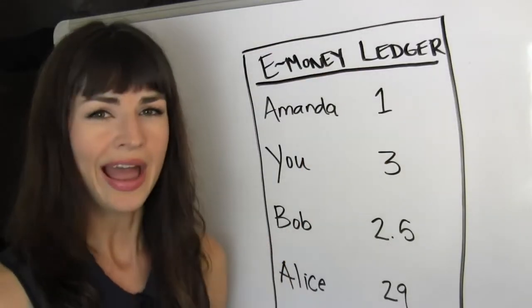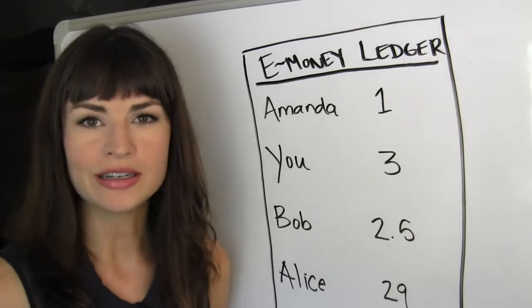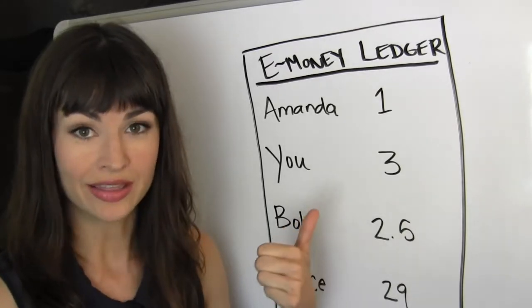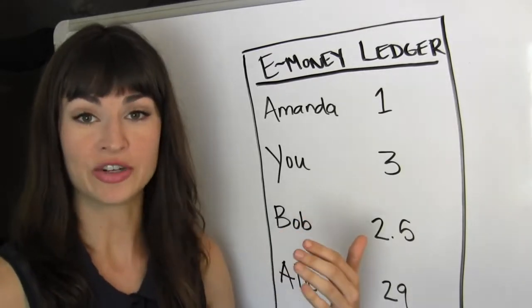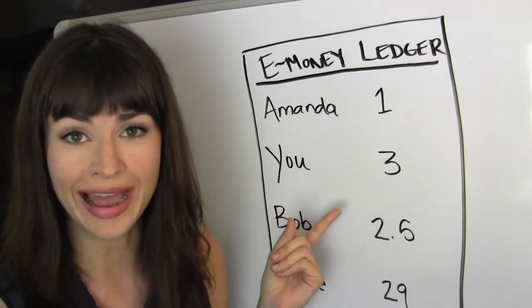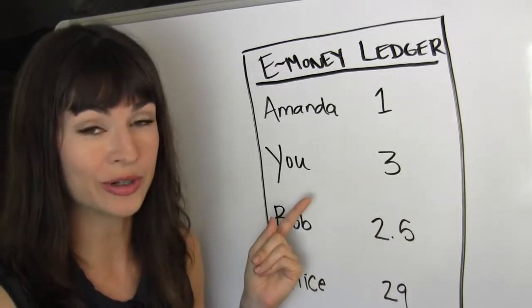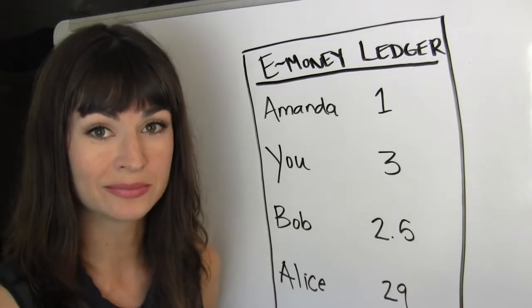Like this. And what if we built a kind of wallet software that read this ledger? So if I tried to send you 2.5 e-monies, my wallet would know that I only have 1.